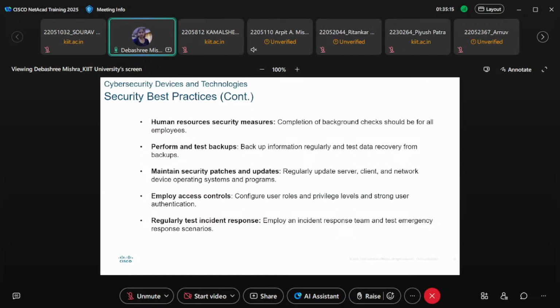Next is regularly testing incident response. Here we can employ an incident response team and give them emergency response scenarios, knowingly creating some incidents.